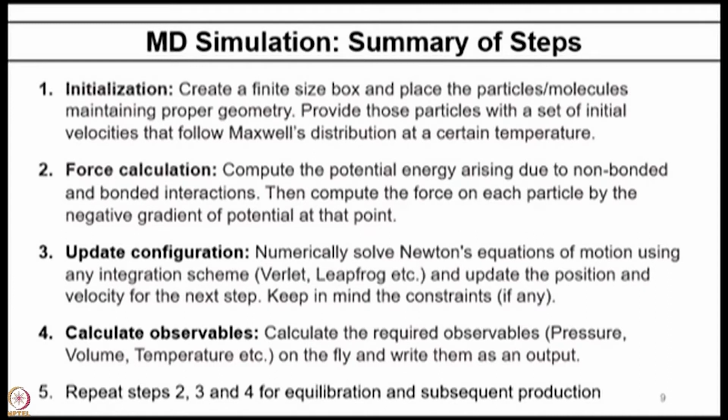Then calculate the force on each atom and molecule, and then, depending on the force it is experiencing and Newton's equation, using some algorithm like the Verlet algorithm, you move the position and momentum of each molecule.